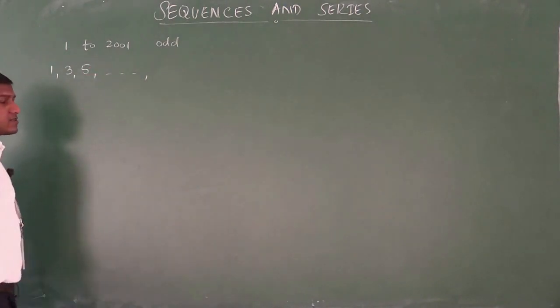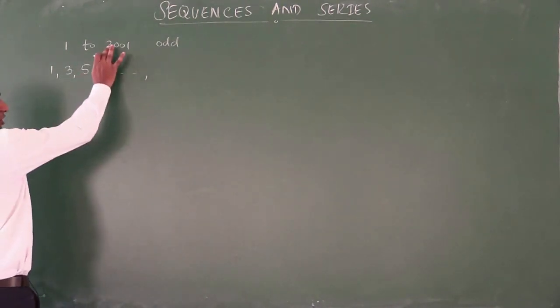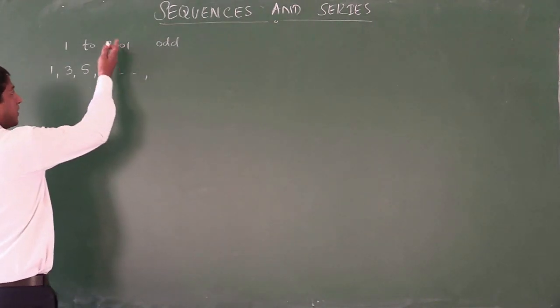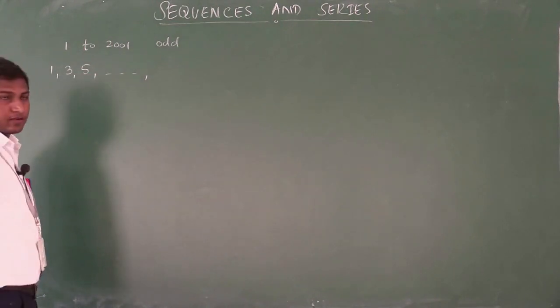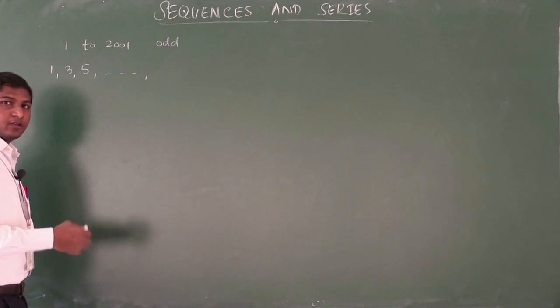Which is the last odd integer up to 2001? 2001 is the last odd integer, correct? So the odd integer before 2001 will be 1999.